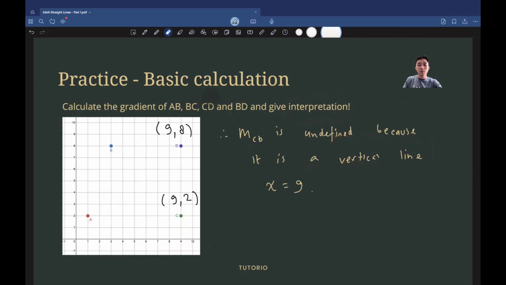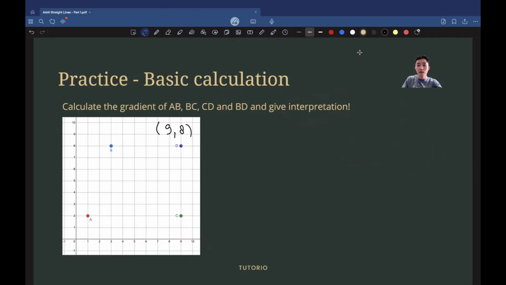Now we can continue with the last part, which is BD. I keep the coordinate B, erase the C, and erase everything else. Coordinate B is going to be (3, 8). This is a horizontal line, and we can see the y coordinate is the same at 8, right?